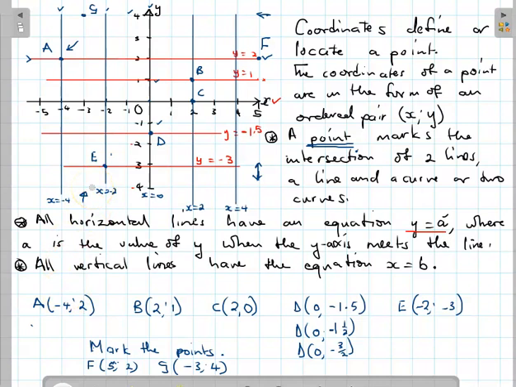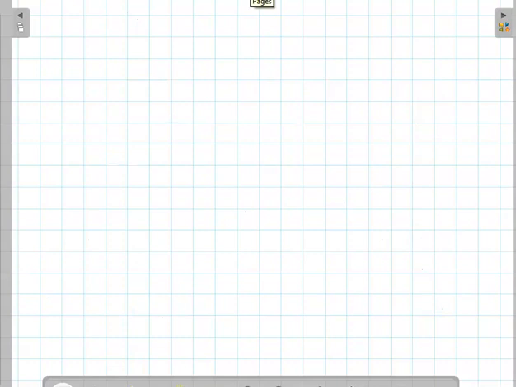Alright, so next we are going to talk about a line, and the line segment, and then some properties. Alright, so for reference, let's just draw our Cartesian plane. That's one thing that we'll be talking about throughout this.